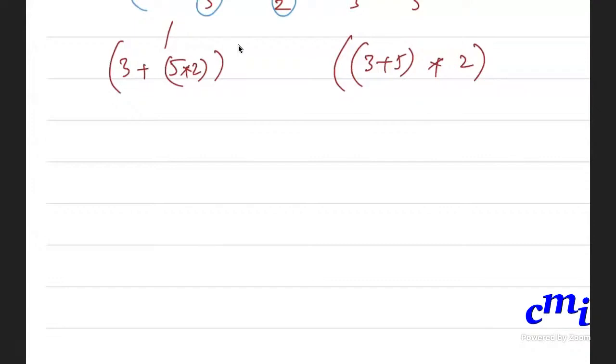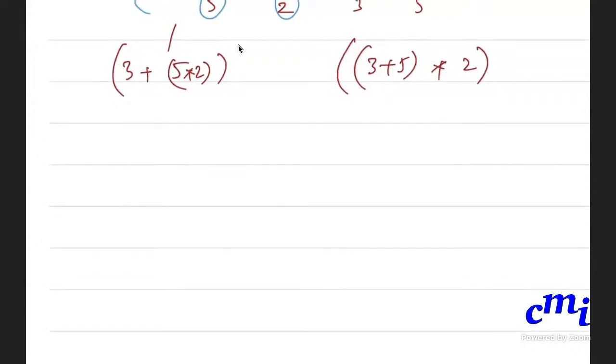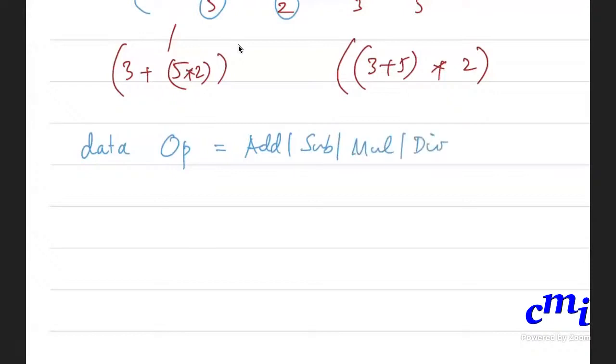How do you think you can represent a tree in Haskell using data? So let us not go to a general tree. Let us look at expressions. Firstly, I would like to say that I have a data op. Data op is either add or subtract or multiply or divide.